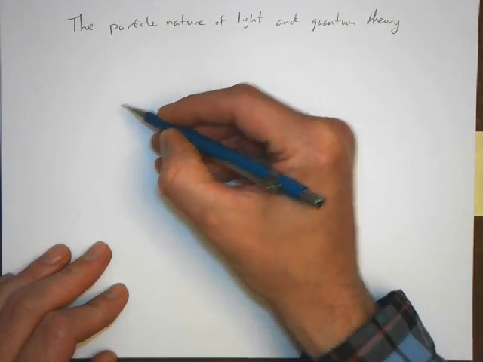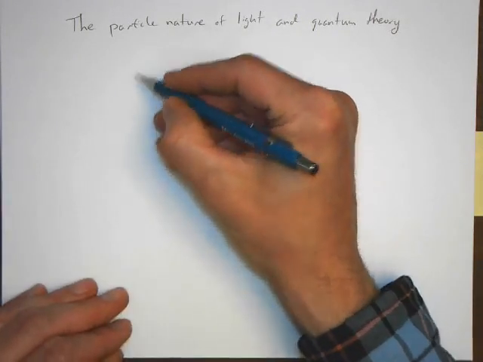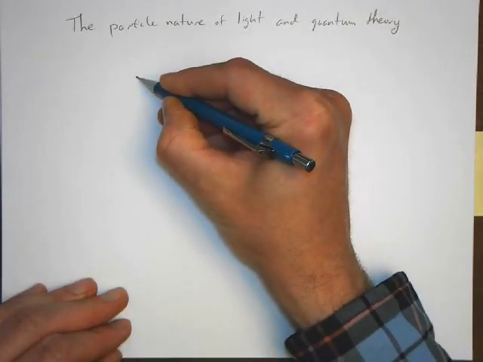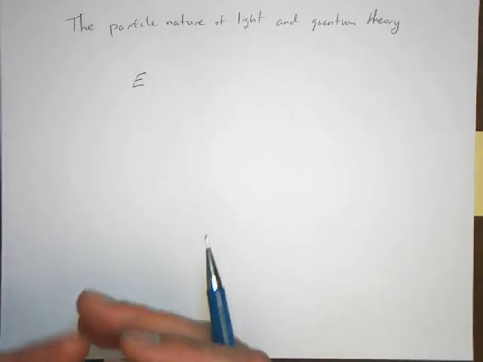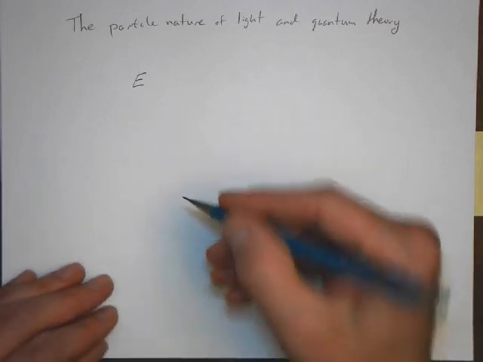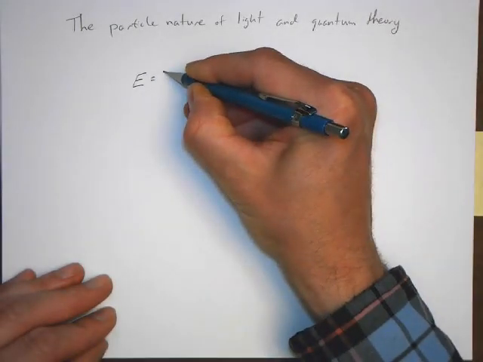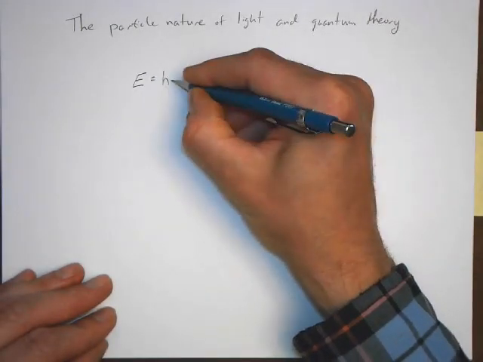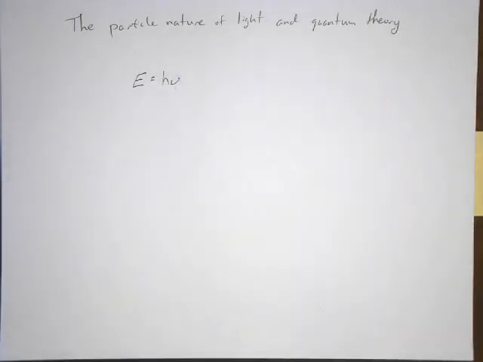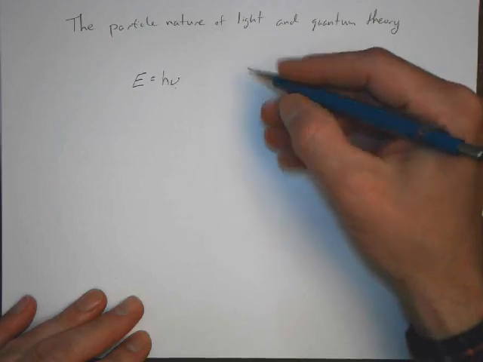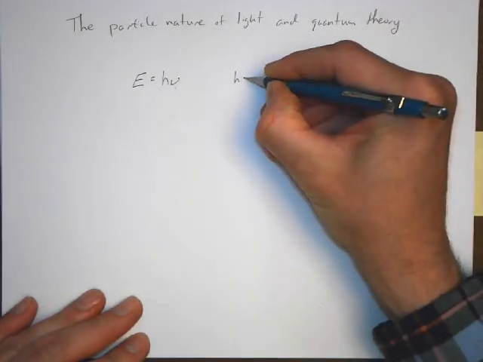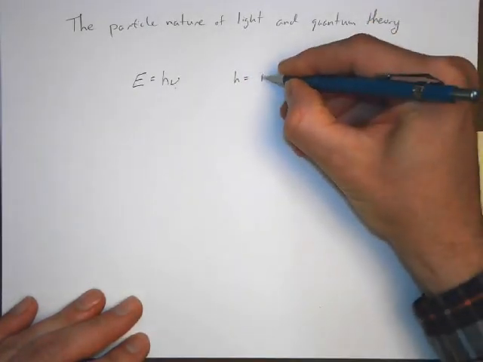What we can do with that is something like this: the amount of energy involved in a certain particle of light, or packet of light, is equal to h times nu, where nu is just like the nu from before, the frequency of light, and h is something new called Planck's constant.